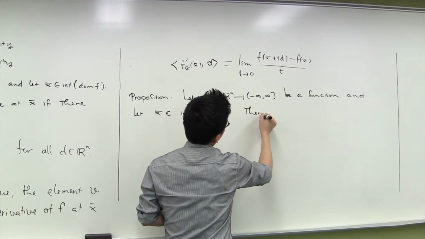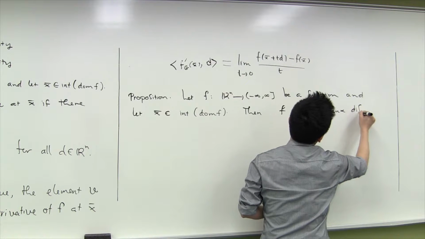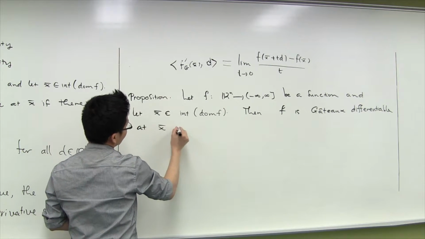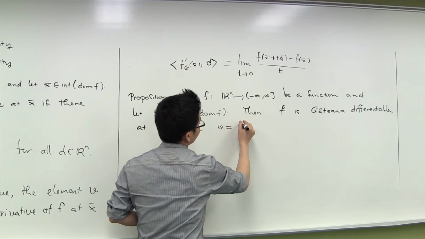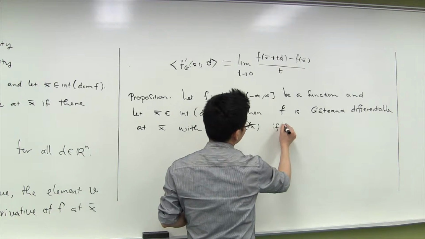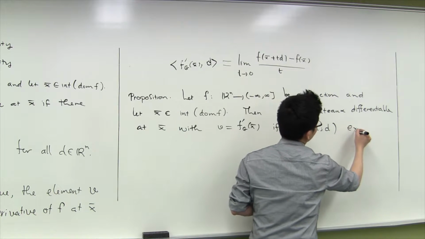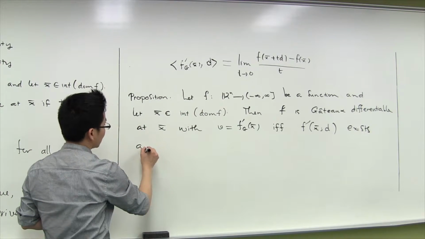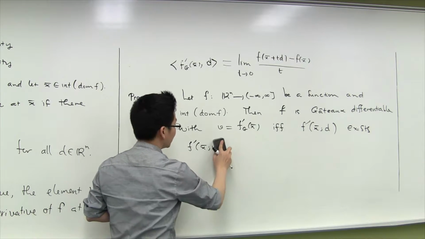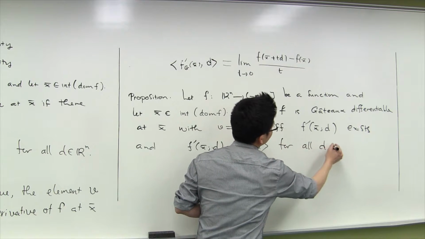Then f is Gateaux differentiable at x bar with its Gateaux derivative v if and only if the directional derivative of f at x bar in the direction d exists, and it is linear with respect to d by this formula for all d in Rn.